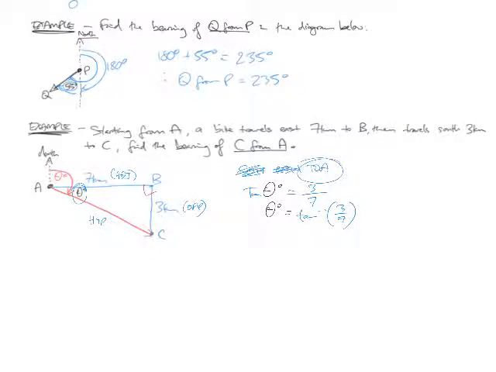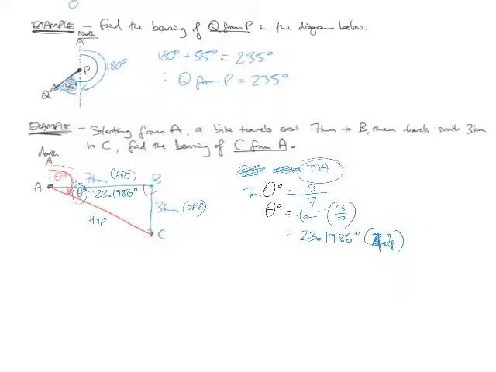So inverse tan 3 over 7. On your iPad calculator, you should do 3 over 7 first, and then do inverse tan. So the black theta is actually going to be 23.1986 degrees to 4 decimal places.